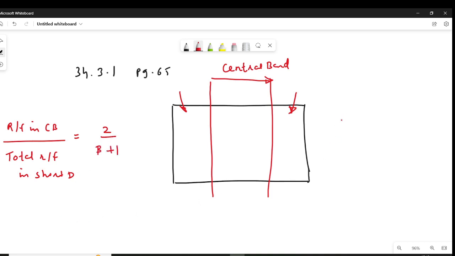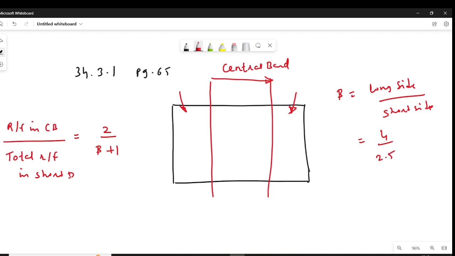What is beta? Beta is the ratio of the long side to the short side of the footing. So what is the long side of the footing? 4 meter, and the short side of the footing is 2.5 meter.